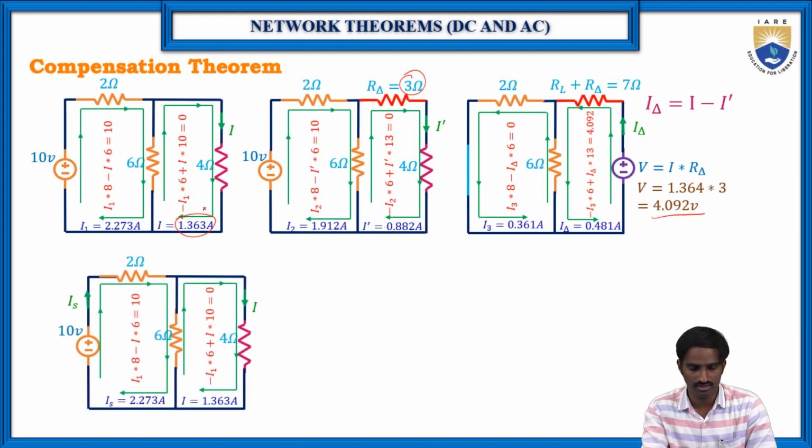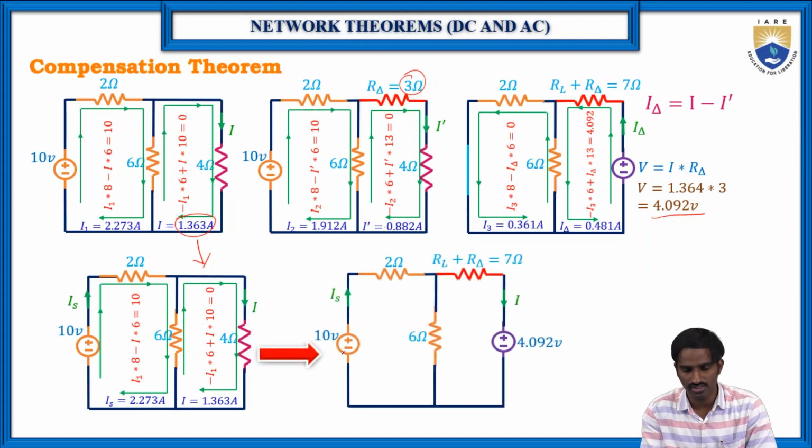Here is the same circuit that we have considered. Here we got the value of 1.363, and if you consider this circuit, in this circuit also you will get the I value the same as here, that is 1.363. For that, let us see. Again apply the mesh analysis.